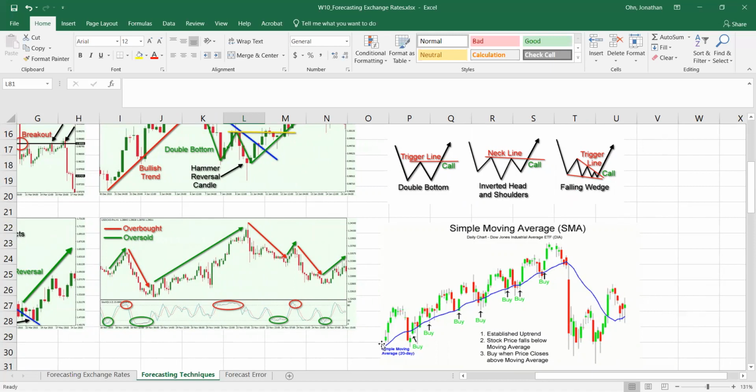So one trading strategy would be if the actual price goes below the moving average from top to bottom, if the exchange price crosses the moving average from the top, that's the buy point. Every time it hits the moving average from the top, that's the buy point.